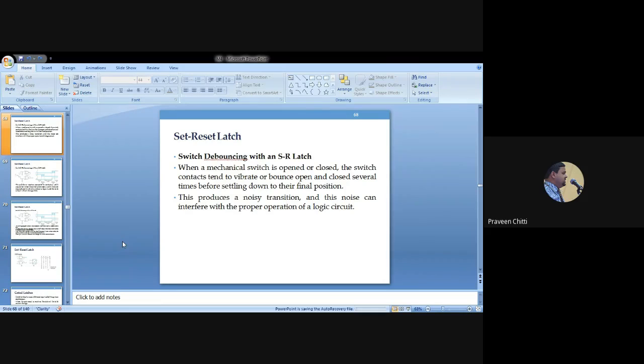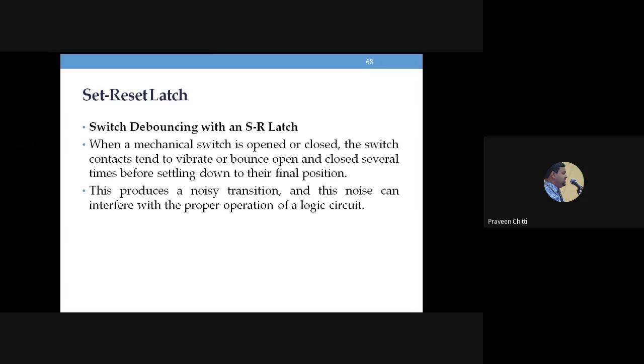So how this SR latch can be used for switch debouncing or key debouncing, we are going to study here. Before we see how the SR latch can be used for debouncing, you should know what exactly you mean by switch debouncing.